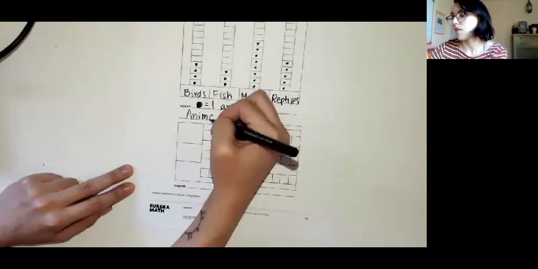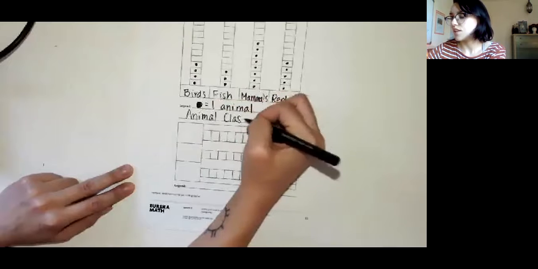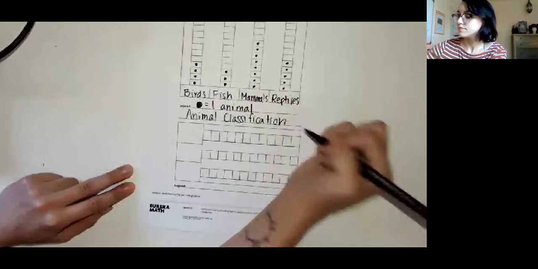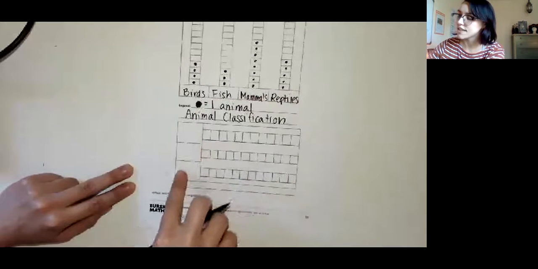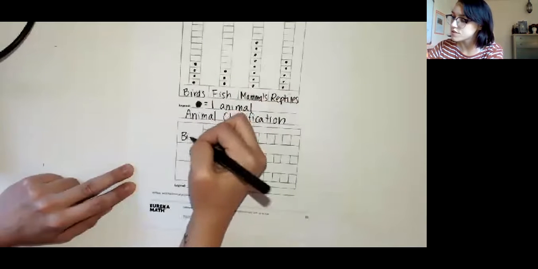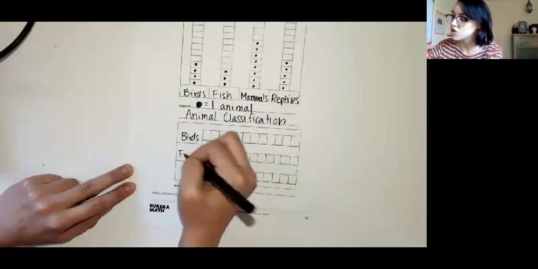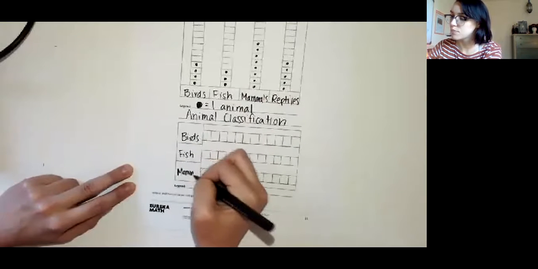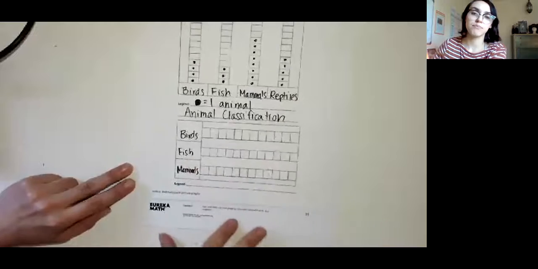We're still talking about animal classification. Here, it only has 3 sections for us. So let's just go with our birds, our fish, and our mammals. That will work fine. Sorry, reptiles, we're going to leave you out this time.